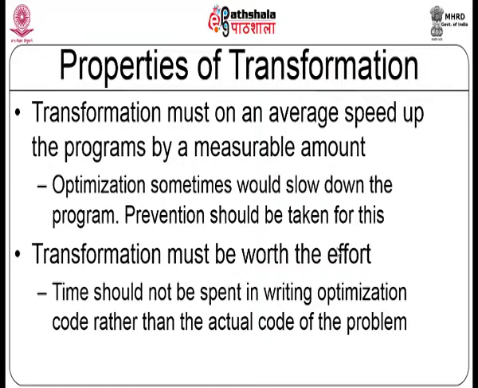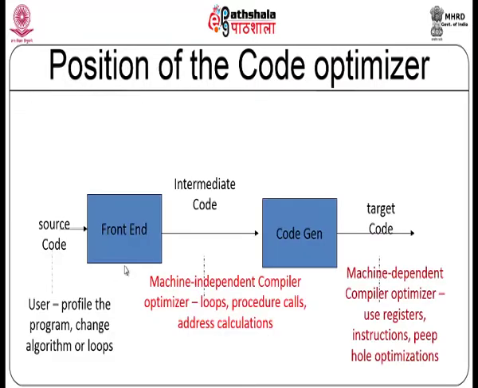Sometimes even without optimization, a code could run faster compared to finding an optimized code and then running it. Ultimately, the last point is the crux of all the 3 points: transformation must be worth the effort, and it should be semantically preserving what is being conveyed in the input.